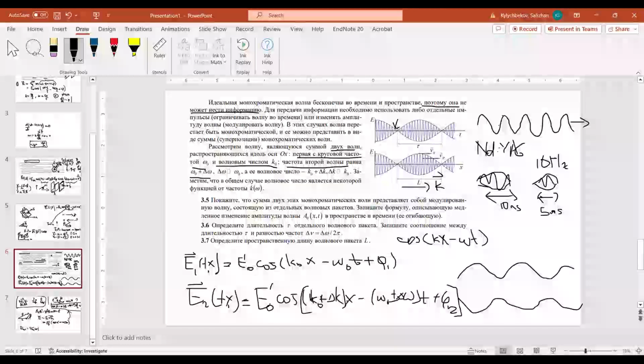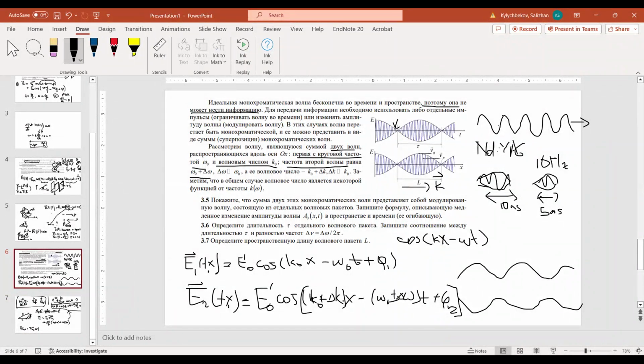What is B? A is this, B is this. If you add them up and divide by 2, it will be 2K0 minus 2 omega 0; dividing by 2, it just becomes K0 and omega 0 again. The only thing is the phases will be slightly different.